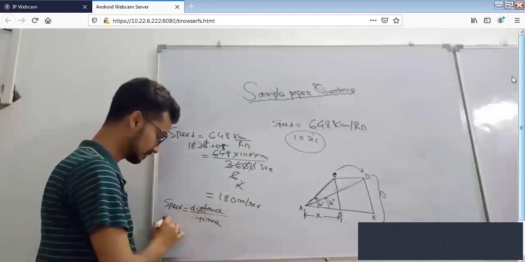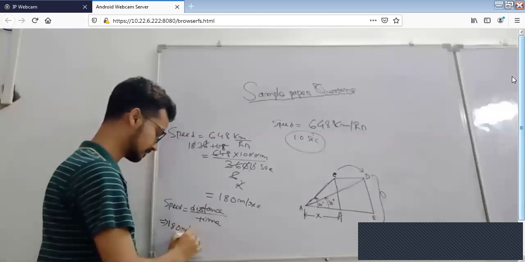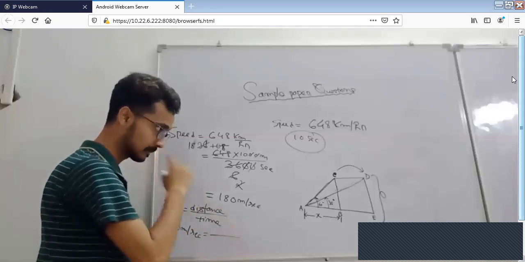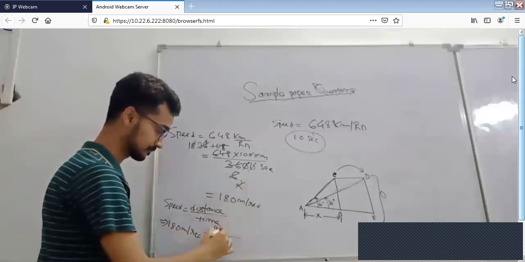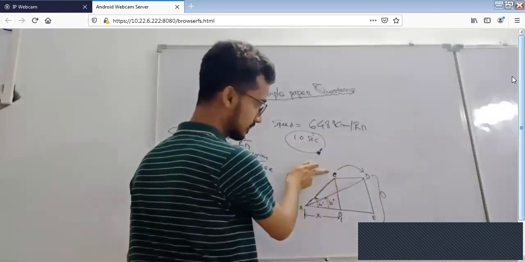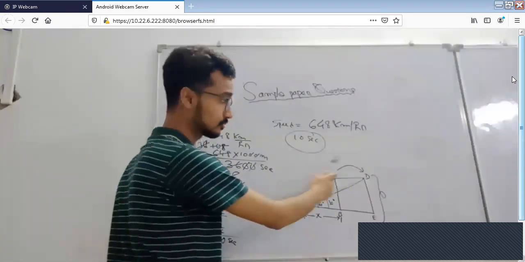Now the speed is already given, 180 meter per second, and the distance you have to find, that means CD, and time is given as 10 seconds, because it is given in the question that it takes 10 seconds for moving from point C to point D.